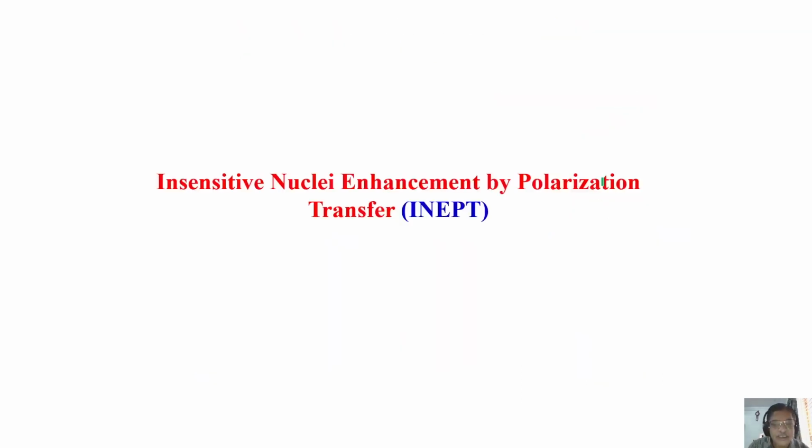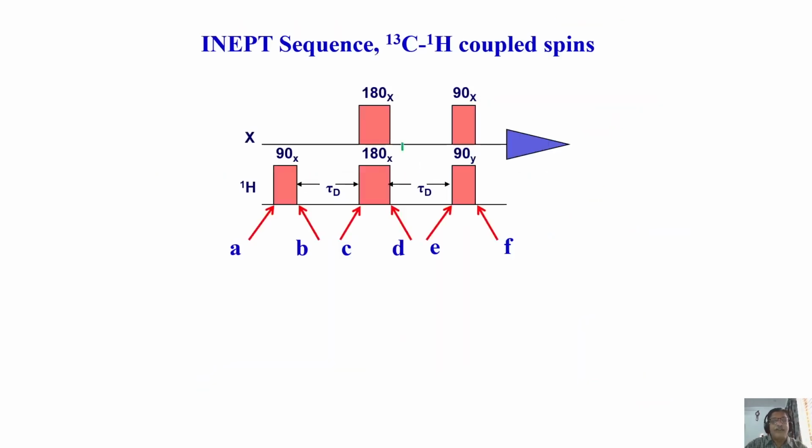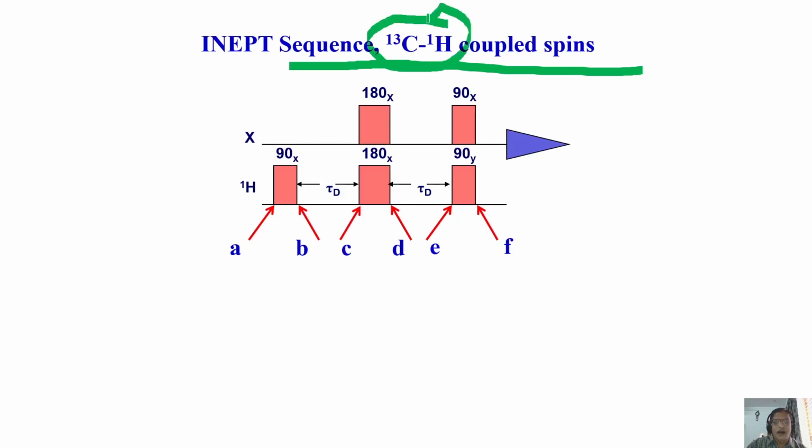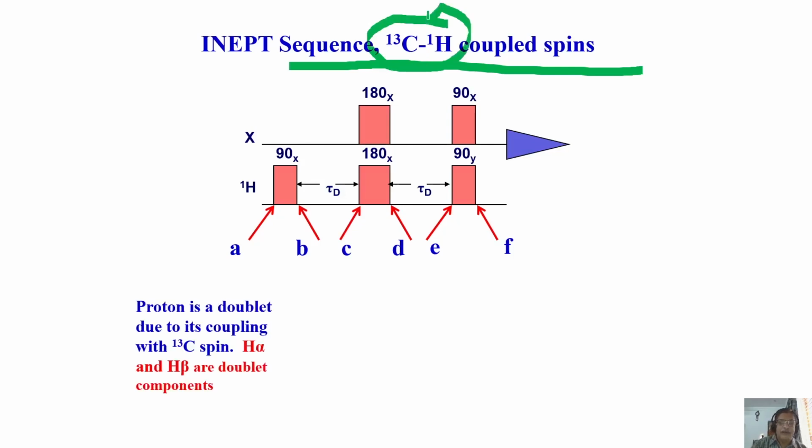So now we use this for understanding INEPT. What is an INEPT? The INEPT sequence is like this. It is a sequence for doing polarization transfer, and we are taking the example of the carbon-proton coupled spin system. Polarization transfer helps us not only in gaining intensity but also in spectral editing.